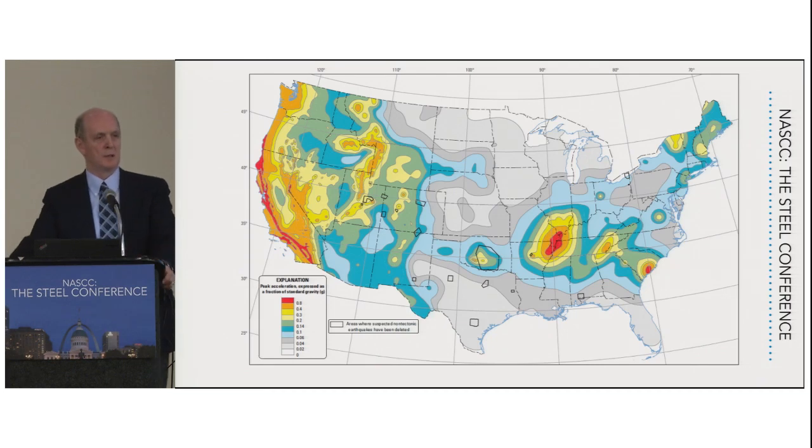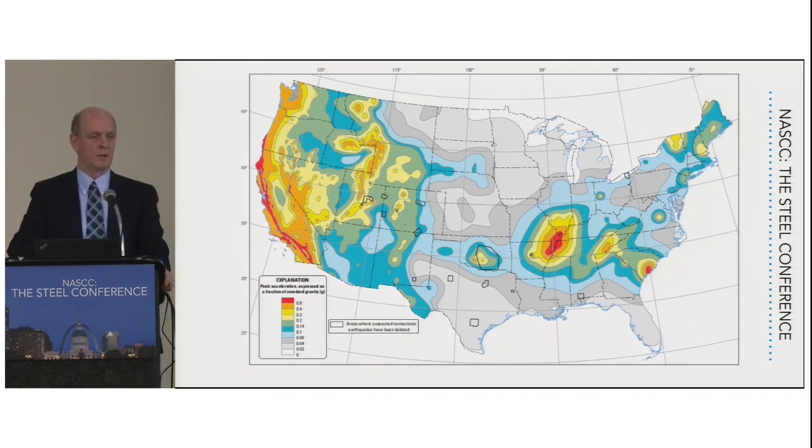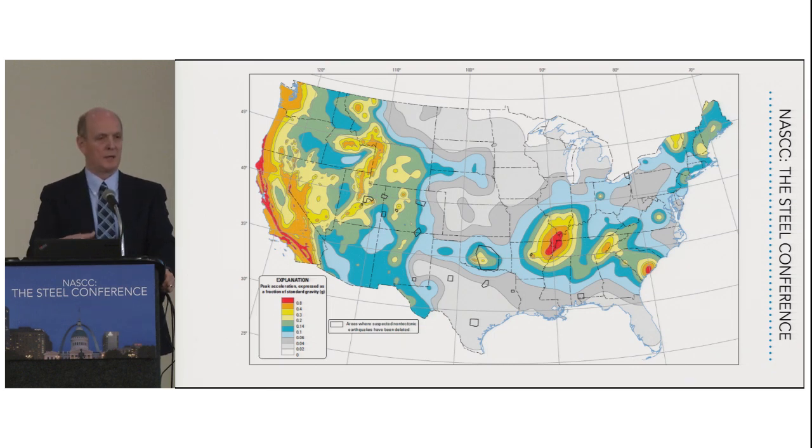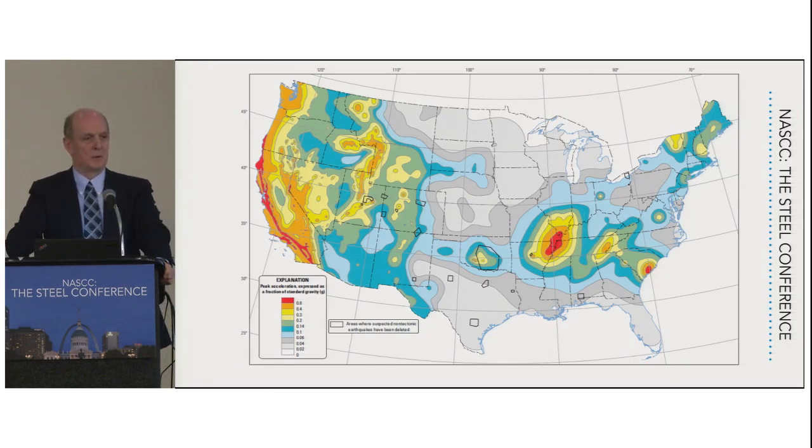This is what the code writers use to set the MCER shaking intensity. This is based on the MCE, and then they adjust this for the risk factors to come up with the MCER. But the thing I want to point out is that if you live in Boston, Baltimore, Chicago, St. Louis, Portland, Seattle, you all have the same risk of building collapse.